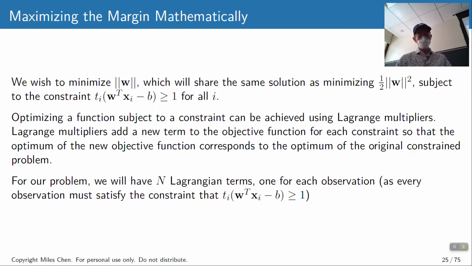So we're going to try to minimize the norm of w, and the solution that minimizes this is also going to be the same solution that minimizes the norm squared, okay? And it's subject to this constraint, right? Anytime you want to do a minimization subject to a constraint, we can use a Lagrange multiplier.